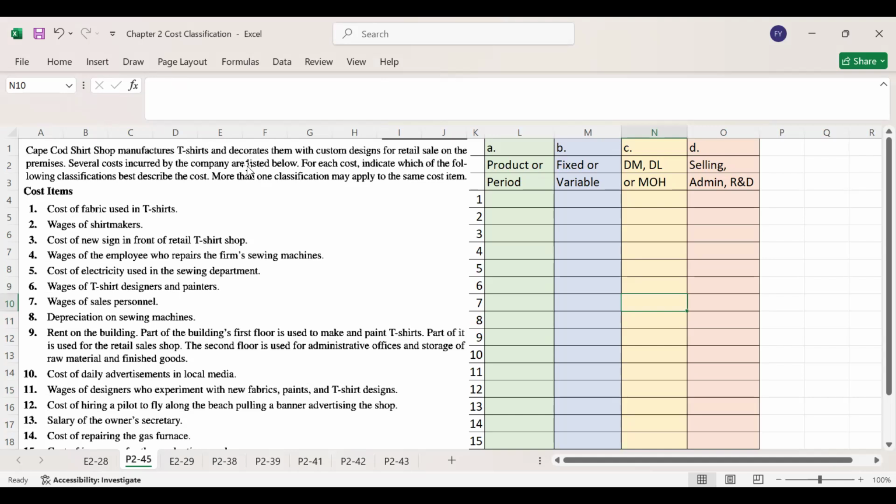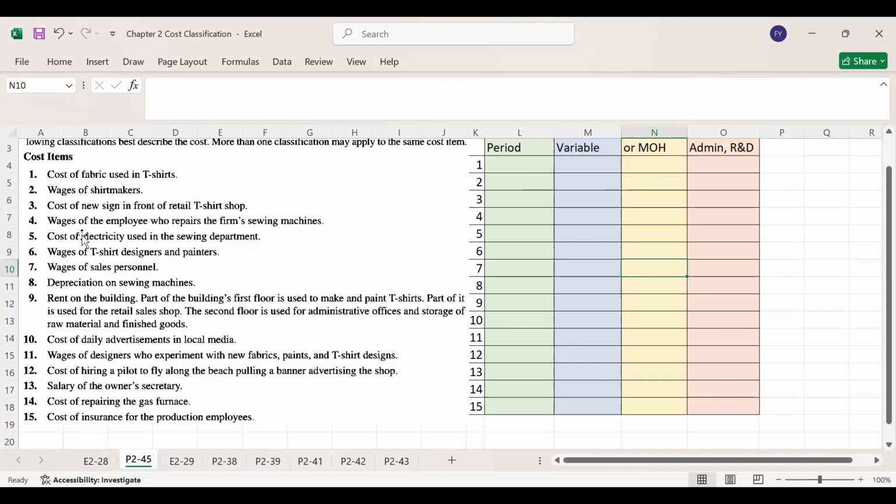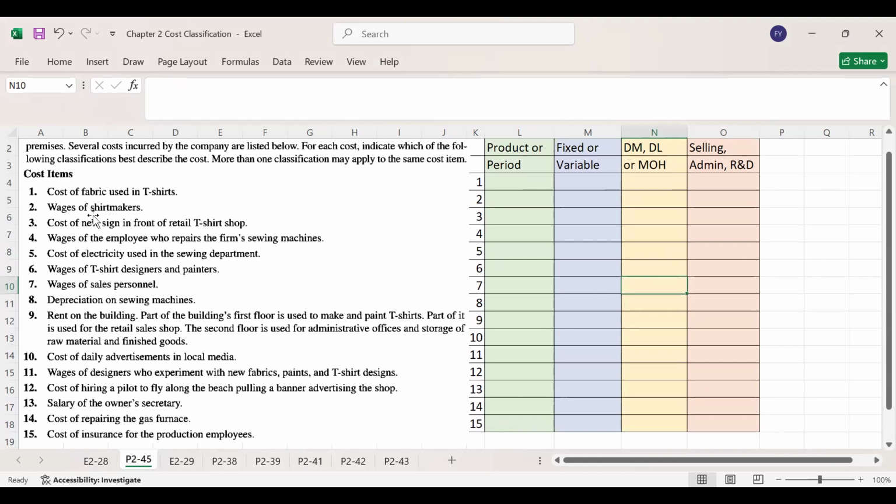So we have a t-shirt manufacturer, and we are going to classify these items from 1 to 15 into product cost or period cost. First one is cost of fabrics used in t-shirts. Fabric is the main part of the product, which is material. So this is a product cost.